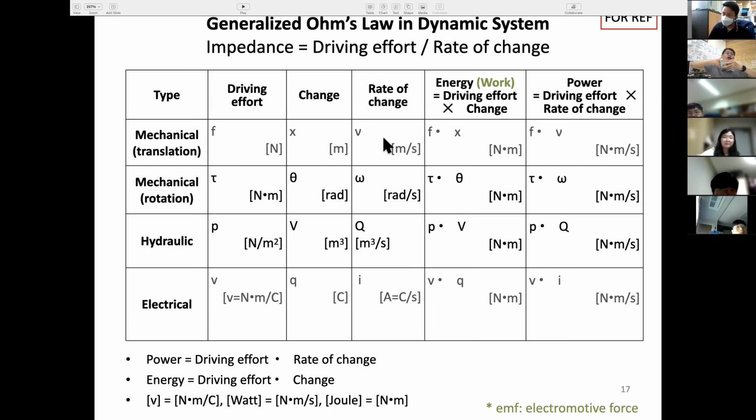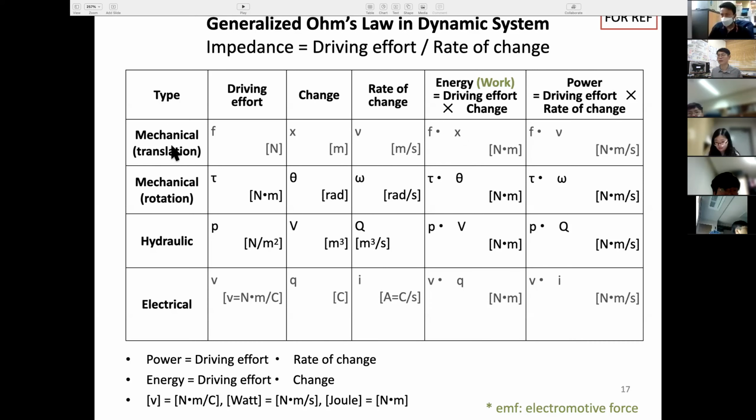Then how much work or energy I put in to move this is the driving effort times the change, which is force times displacement. And what's the power? The rate of energy consumption is the driving effort times the rate of change. And you will realize this general scheme applies to all dynamical systems, irrespective of the form.